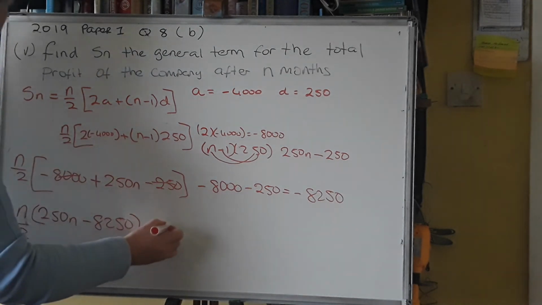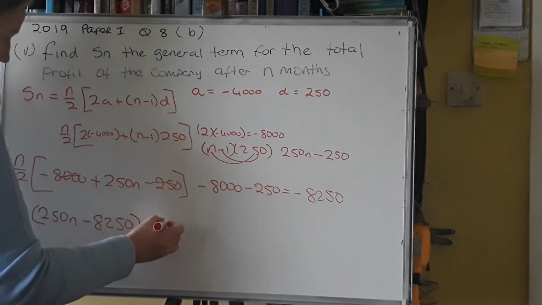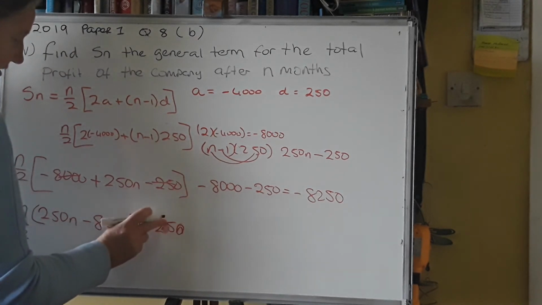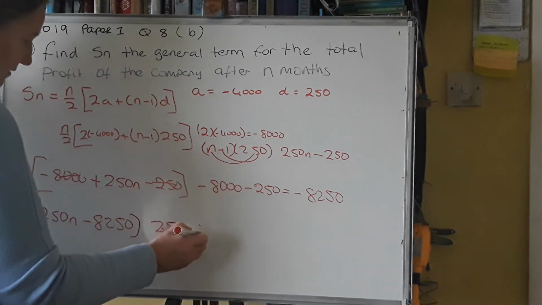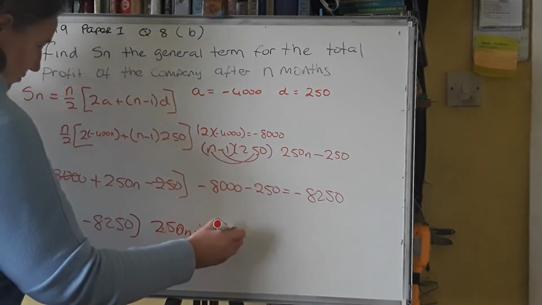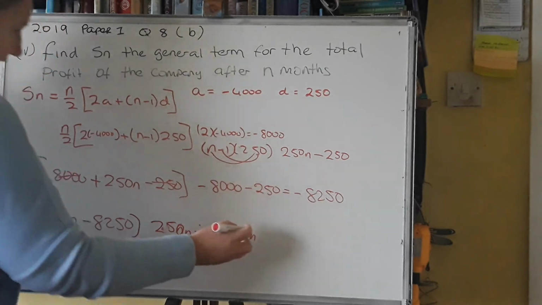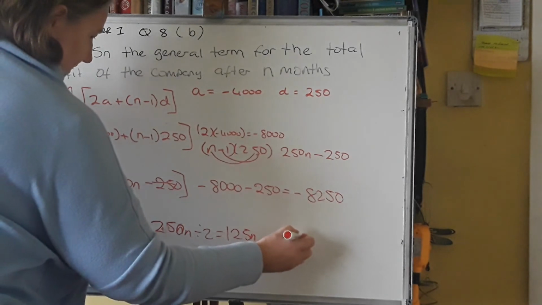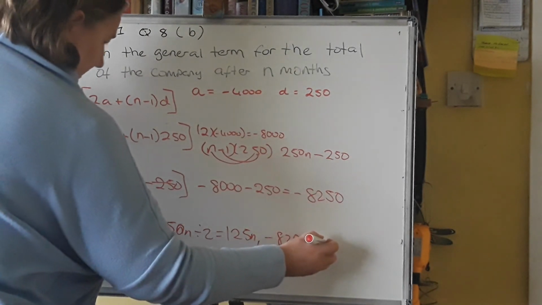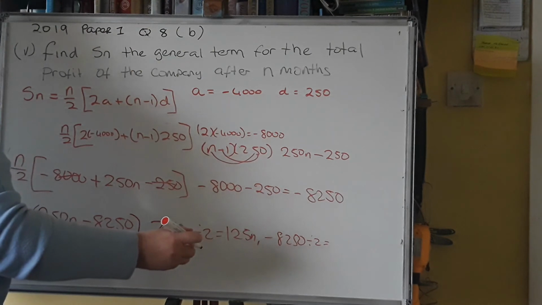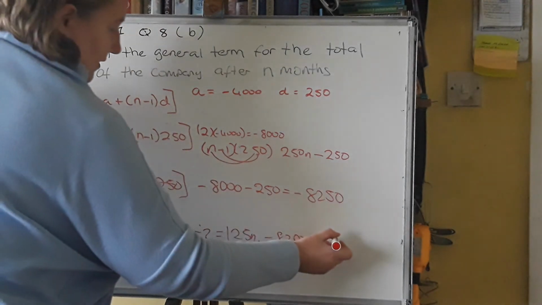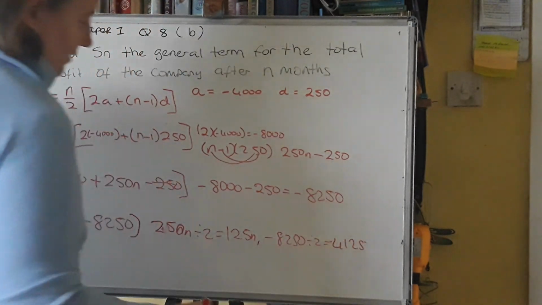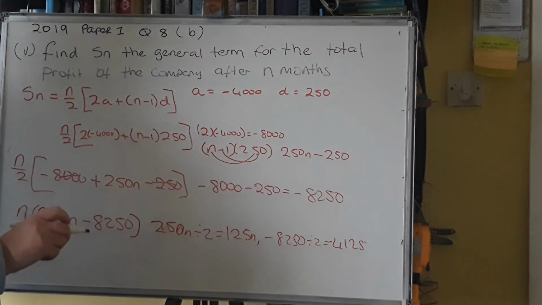So, 250n. Oh, I've written 205. 250n divided by 2 gives you 125n. And minus 8,250 divided by 2 gives you, what does it give you? 4,125, minus 4,125. That minus is important, make sure it doesn't get dropped.